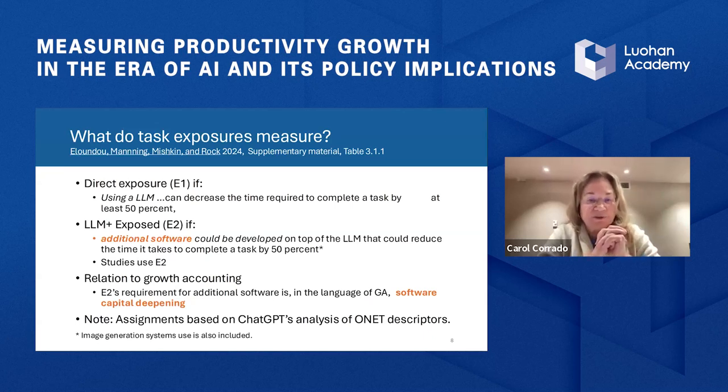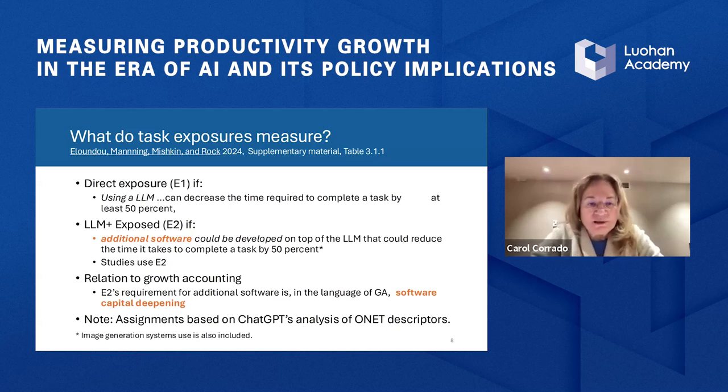They set a bar of 50%, and they came up with two measures, E1 and E2, where the first I would interpret as saying, using existing technology, what is on the shelf, how exposed are they. They then list these tasks that would be exposed to being automated by AI.